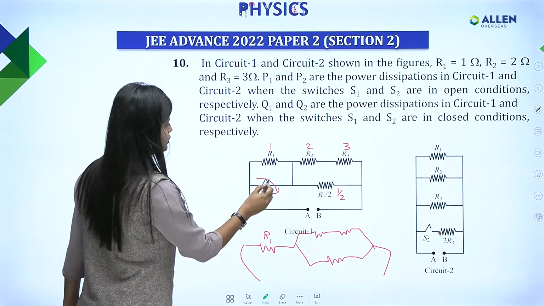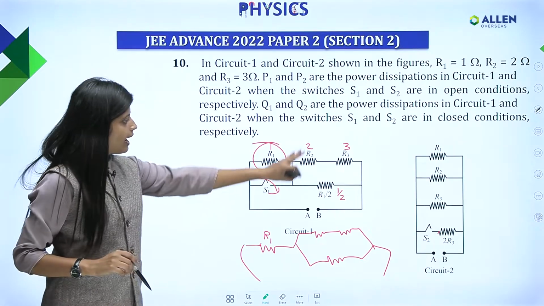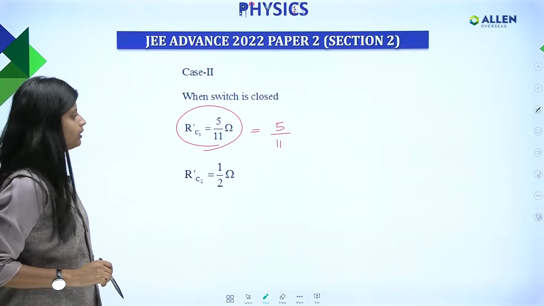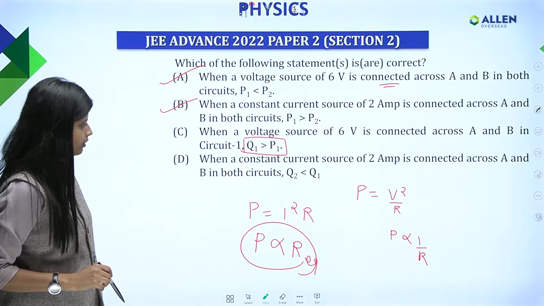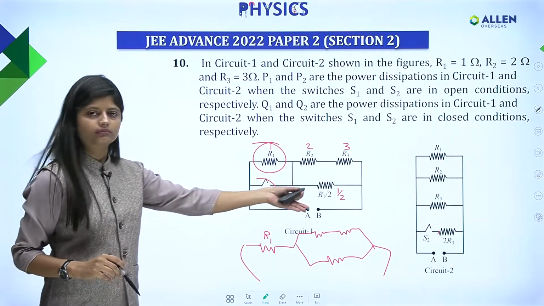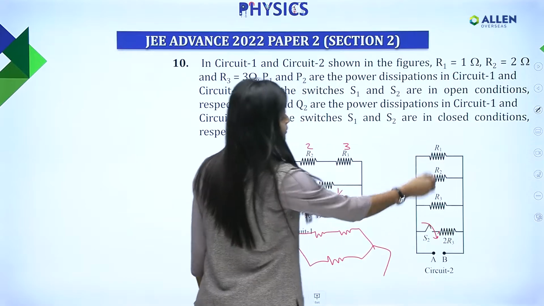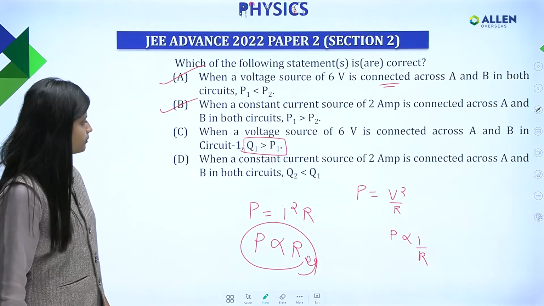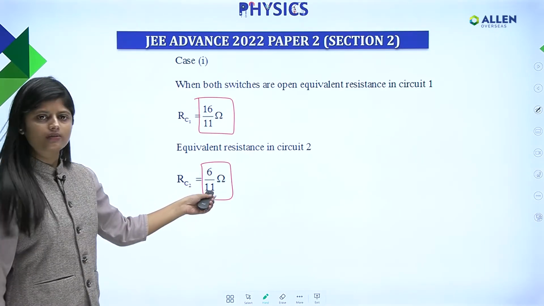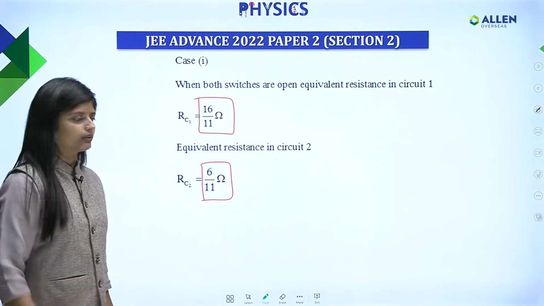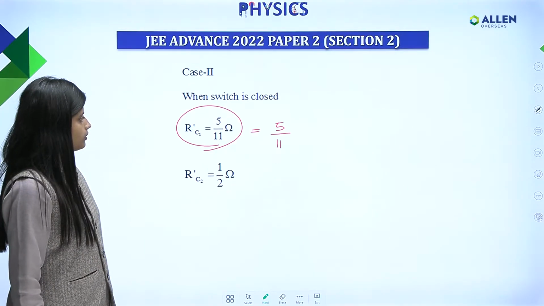When you close the switch, this will be short circuited and that will come out to be 5 by 11 ohm. And for R2 as well, in the second situation, if you close this, this will also be in parallel with these combinations. So you have R1 R2 divided by R1 plus R2, by that you can find.